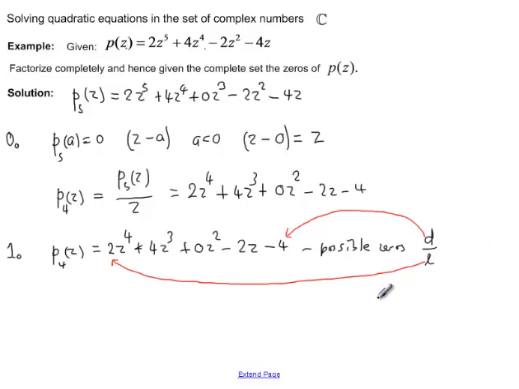So now, let's get the factors of D. D is actually equal to minus 4. Let me write factors.